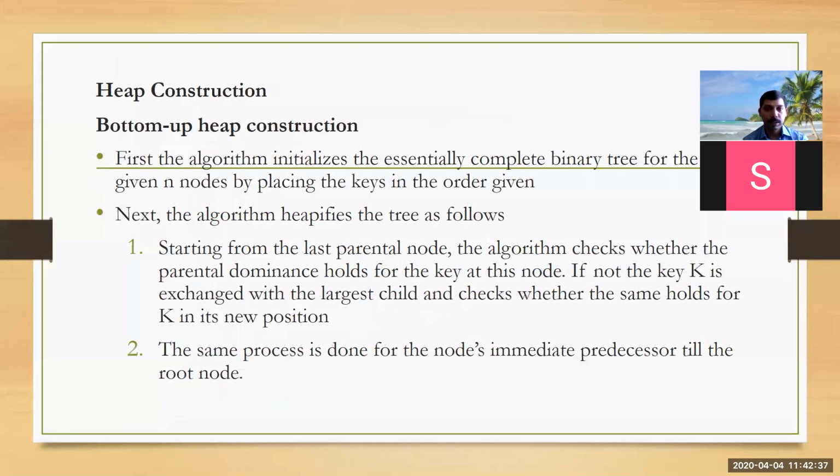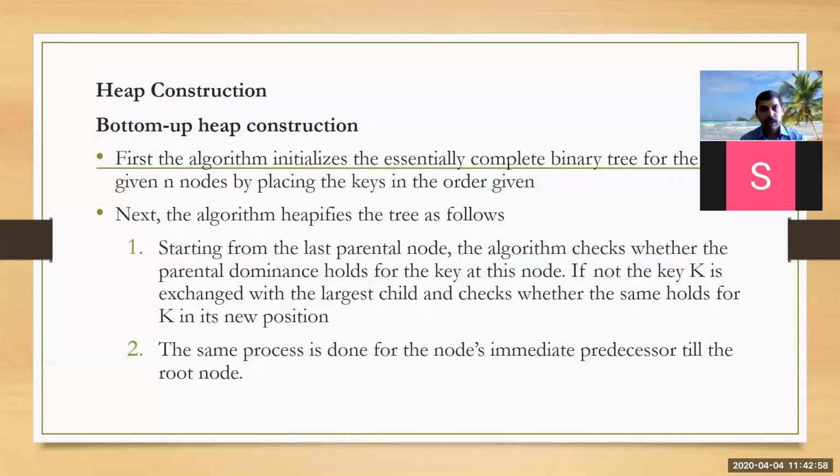You have to start from the last parental node and reach the root node in the reverse direction. In each step, you are supposed to check the parental dominance of each parental node. That is how we create the heap using bottom-up heap construction.